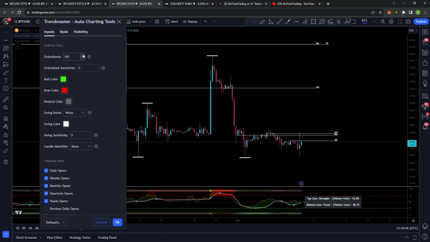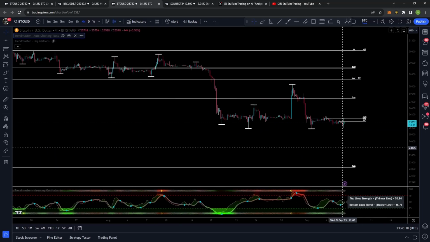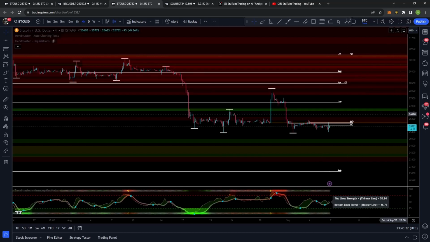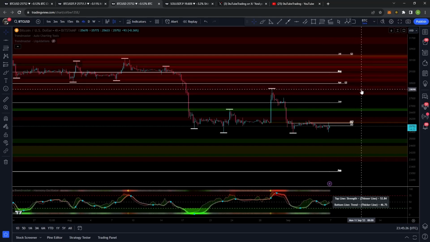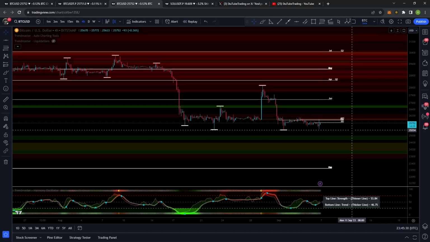Order blocks, that would be very similar to what I was showing you with MDX with the supply and demand zones. Let's just see if that shows up here. Yeah, so we're seeing a bunch of supply zones up here, obviously a ton of resistance up ahead, and a little bit of demand zones below us a little ways.